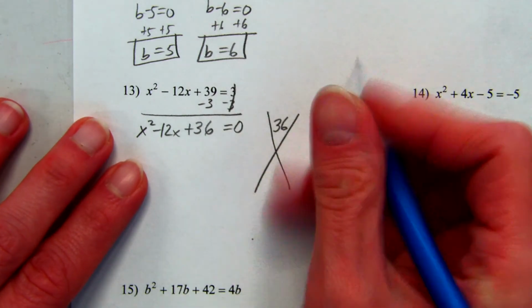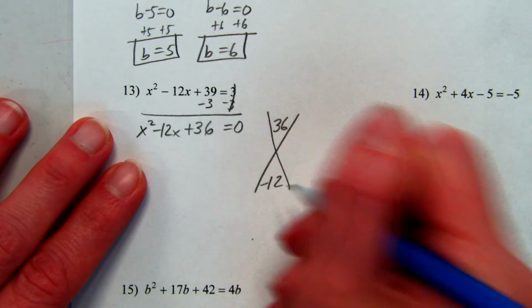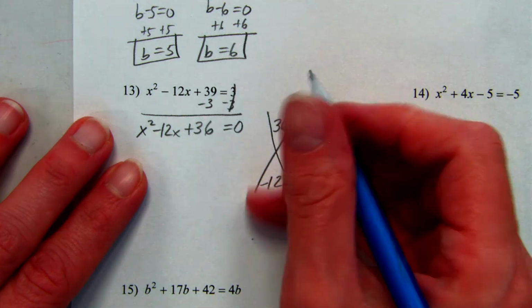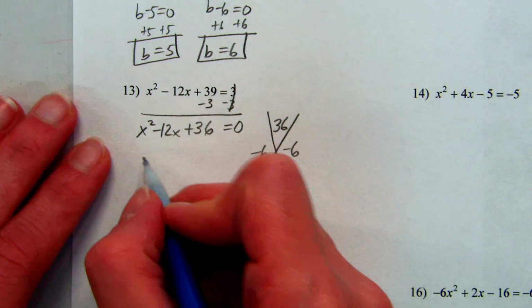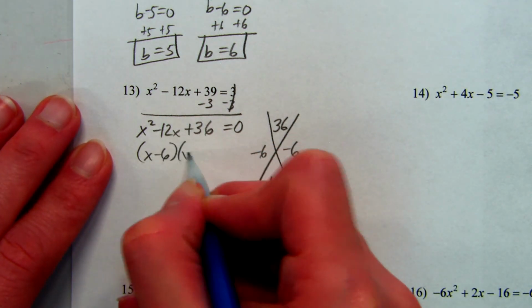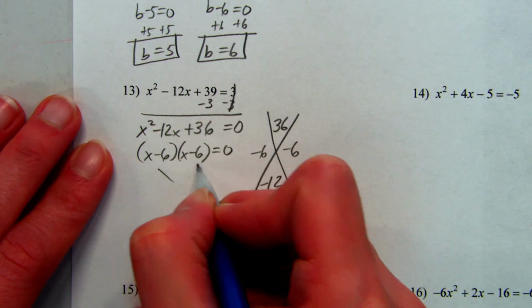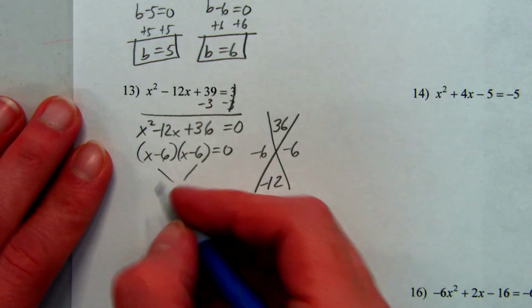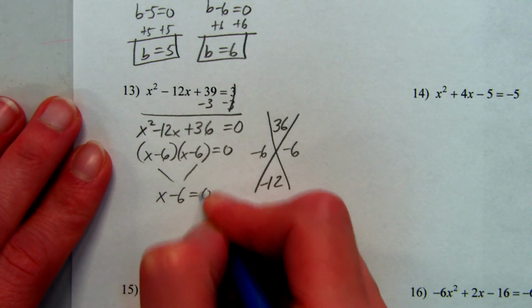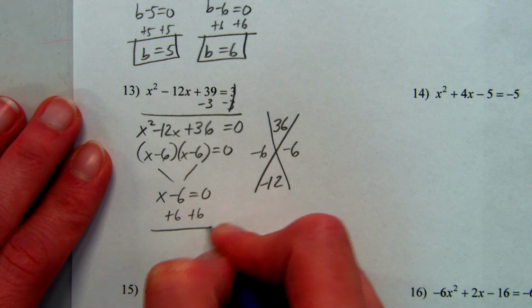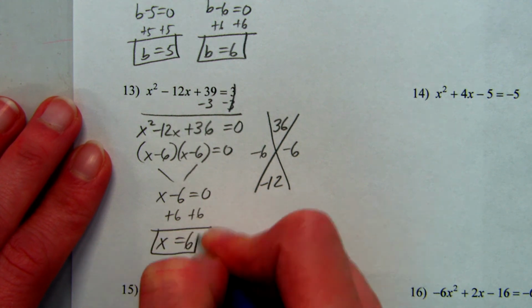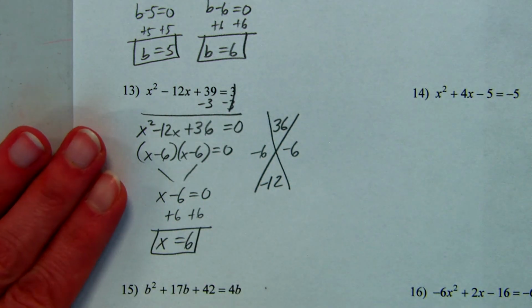So we'd multiply to make 36, add to make -12. So -6 and -6. So I'd have x minus 6 and x minus 6. And we'll just solve that once. So x minus 6 equals 0 will give us x equals 6.